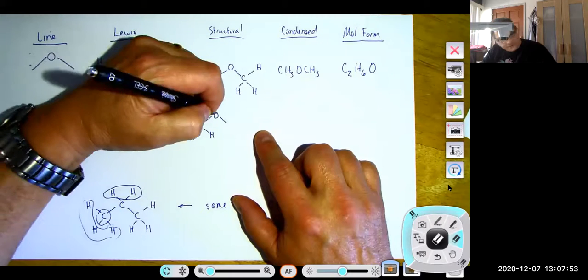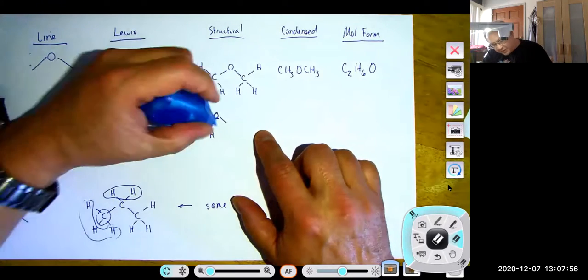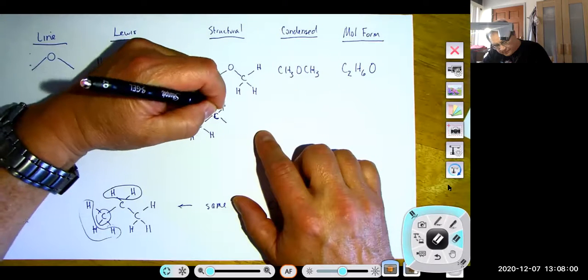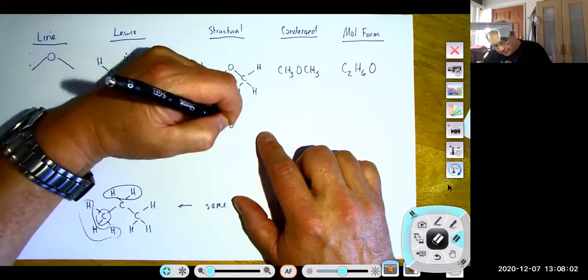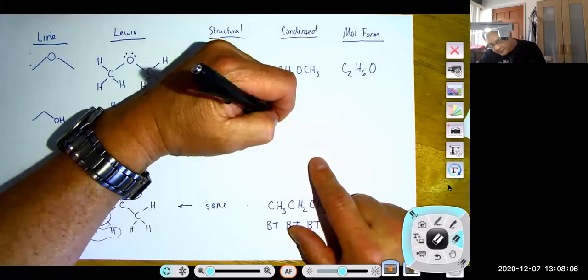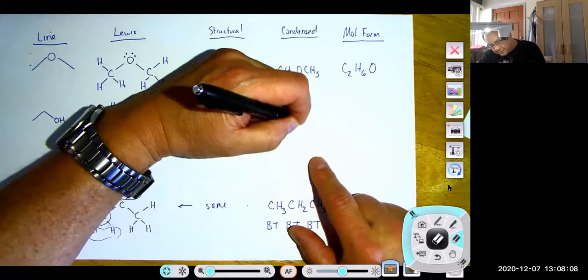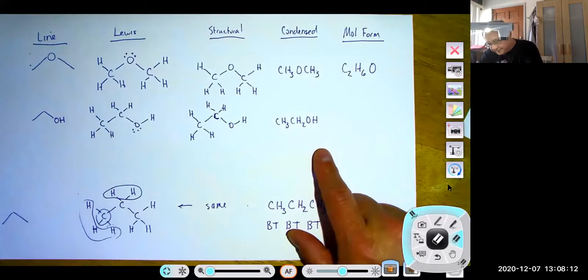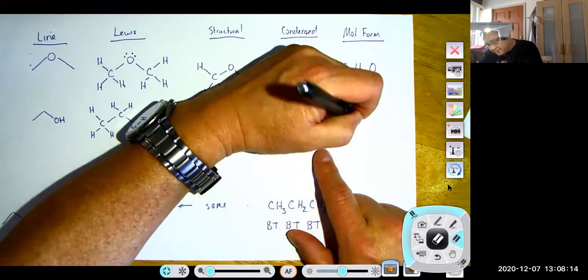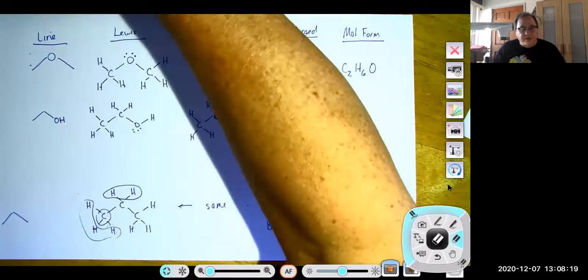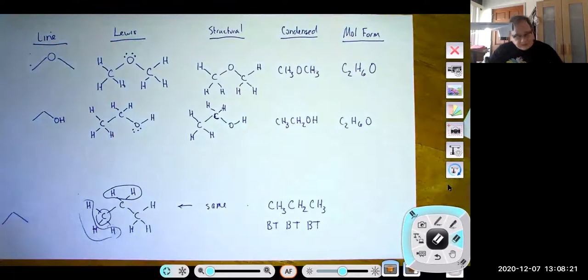Whoops, that's a carbon. Let me use my whiteout to correct that. Here's the structural. There's the condensed, and there's the molecular. Now I'm going to give you another example, which is a little difficult.